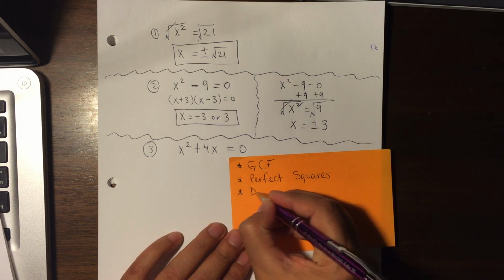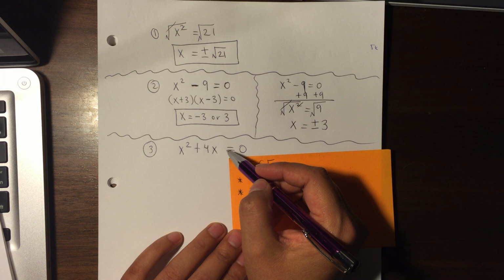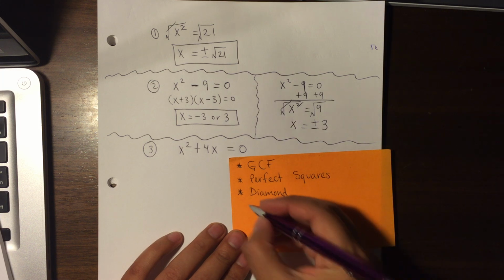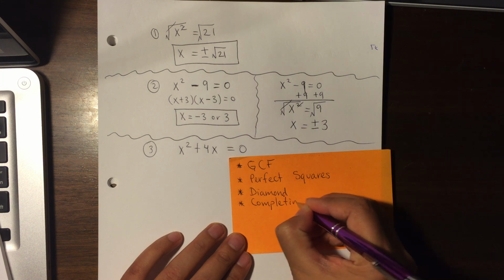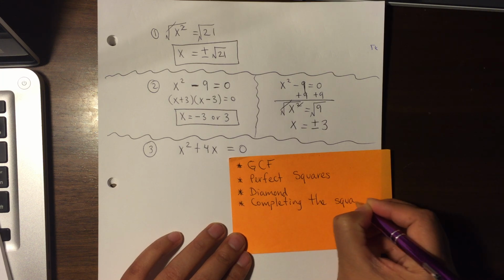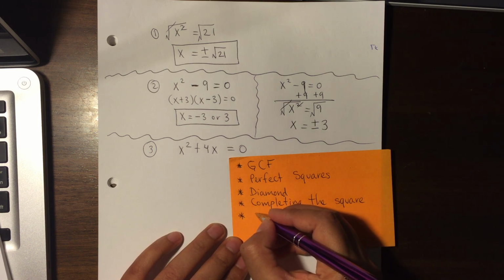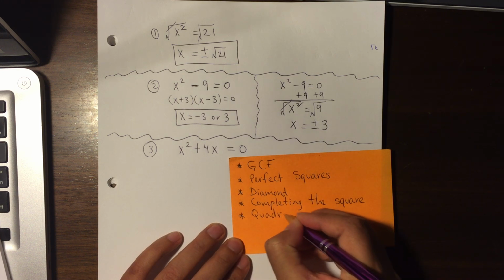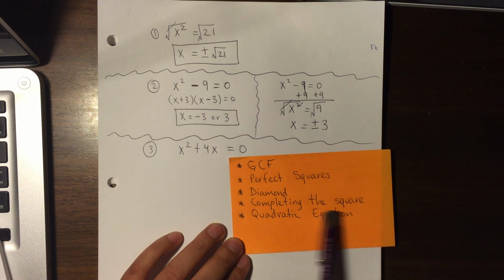Or diamond, meaning when you have a third number, like a number that multiplies to equal that third number, and when you add them, it's the middle number. And finally, we have completing the square. And the last one that we saw was the quadratic equation. And remember that this quadratic equation works for all of them. It just takes a little longer.